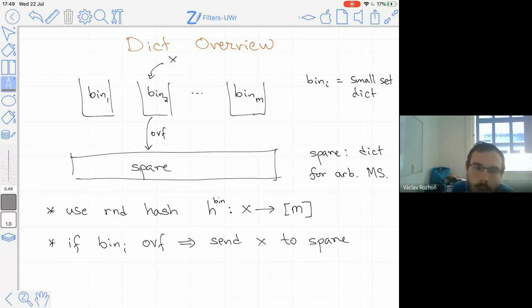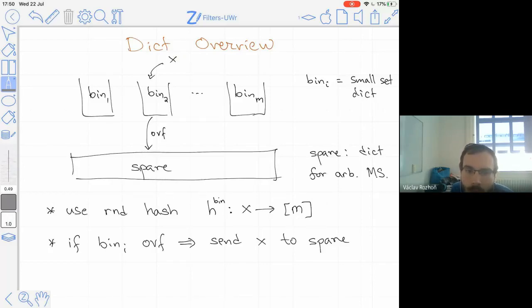Now, the spare is a tricky dictionary because the spare is a dictionary for arbitrary multisets. The elements that overflow have some dependencies between them, and you cannot make any assumptions on the multiset, even if originally the x's came from a randomized multiset.